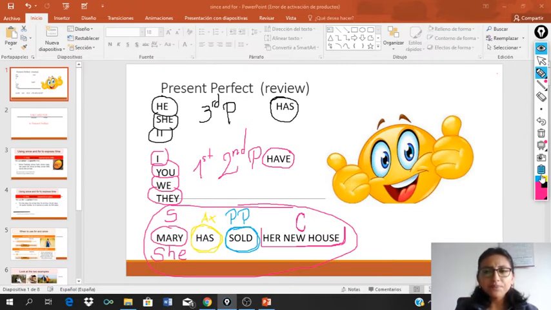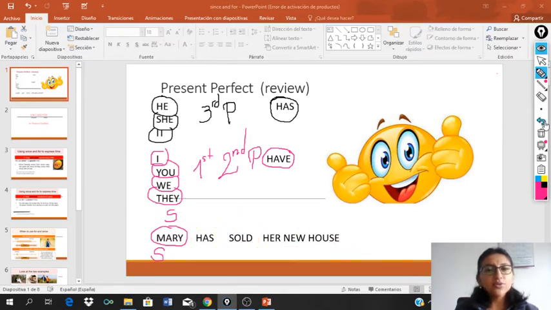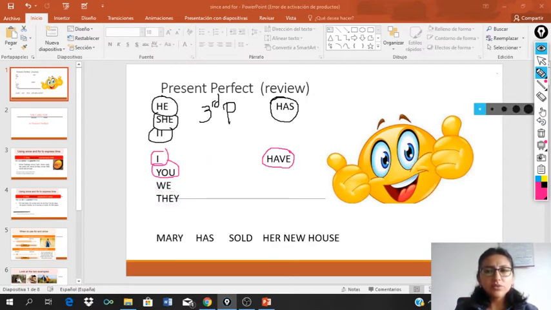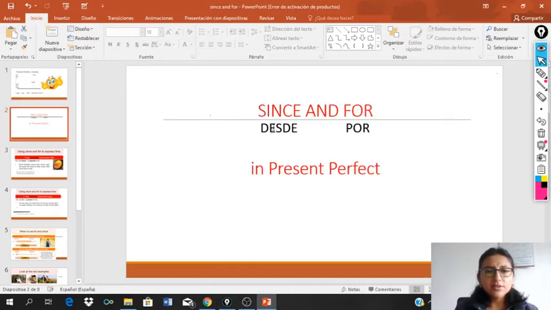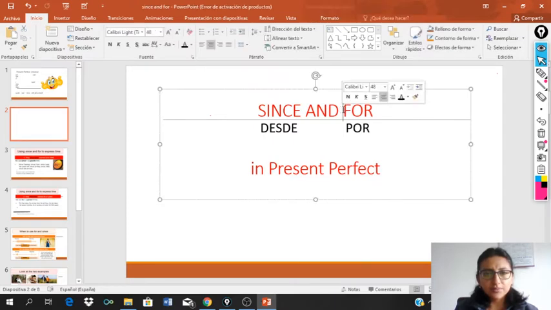Okay? Now we're going to see other expressions or prepositions which we can use for present perfect. Let me erase the board and we continue, okay? We have the prepositions since and for.